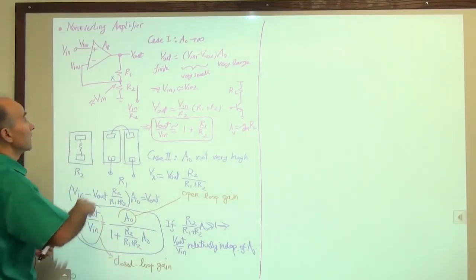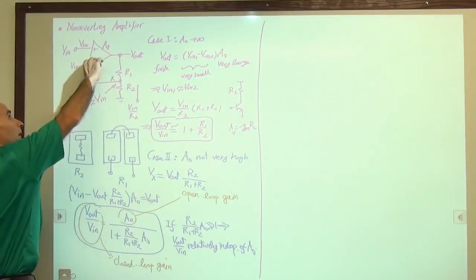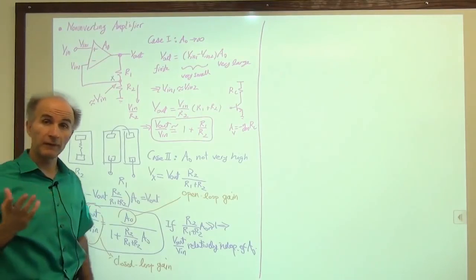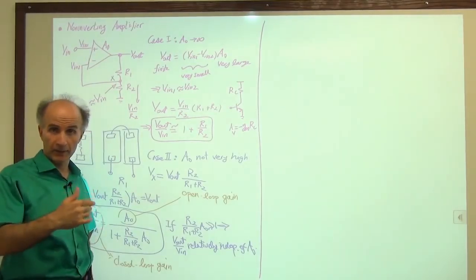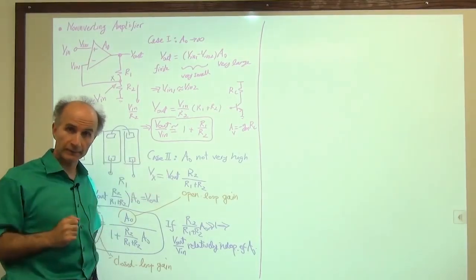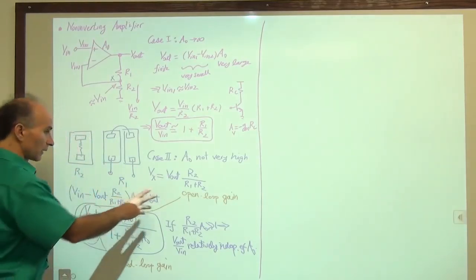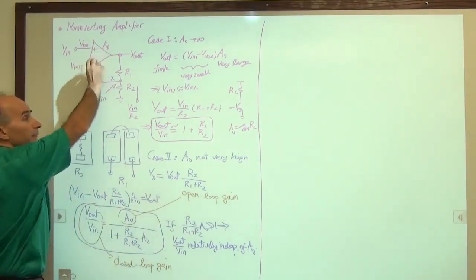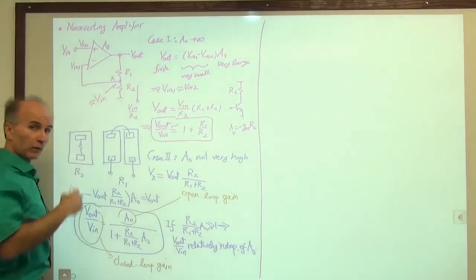Closed loop gain because we close the loop around this amplifier. This is what we call a feedback loop, and it's something that we will study in the course after this course. All right, so the open loop gain is just the gain of the op amp. The closed loop gain is the gain of this overall amplifier.